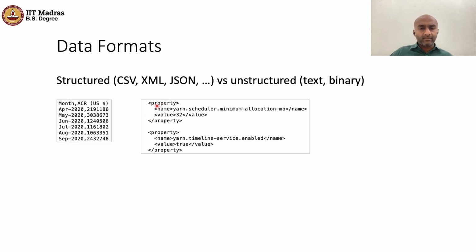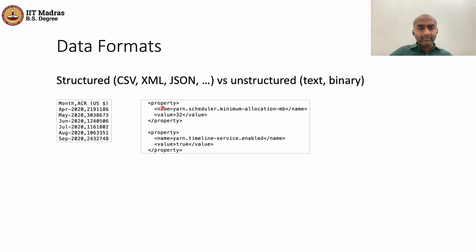So the start of the element is usually denoted by the name of the element, and the close of the element, right? So the extent to which you need to read before you know that you have the full element data is usually denoted by the same name of the element but preceded by a forward slash.